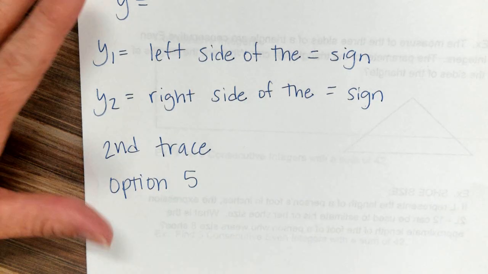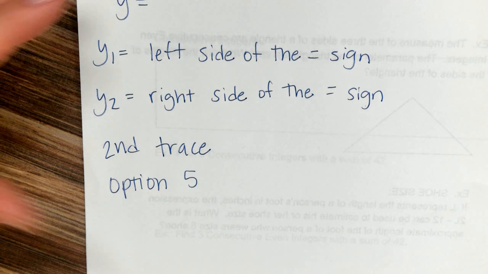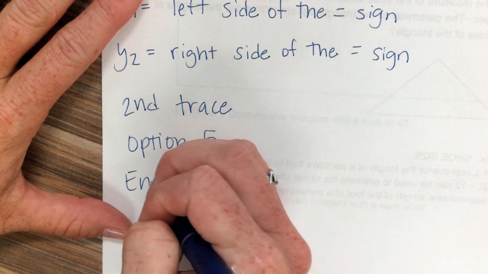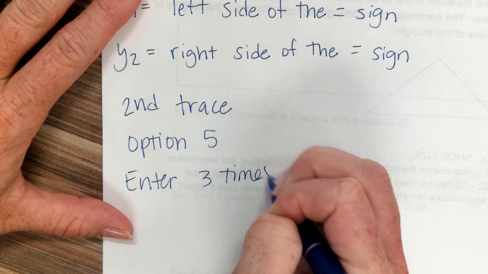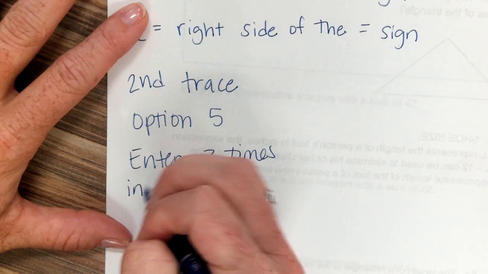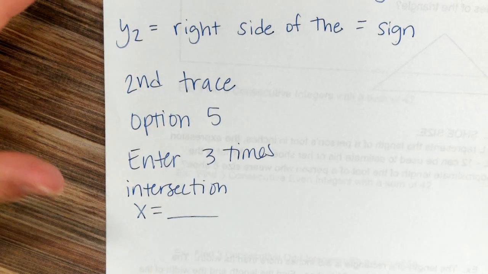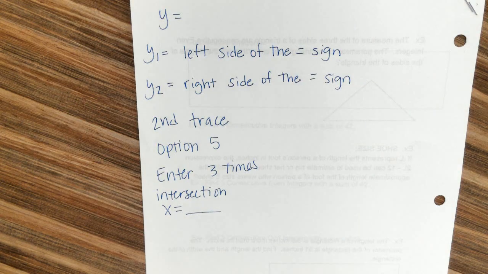You're going to wait until it's done graphing, and then you're going to hit enter about three times until you see the words intersection x equals, and that's your answer. So you put your equation in, you hit second trace, option 5, you wait, enter, enter, enter. That's it. It's going to solve all of the equations for you.